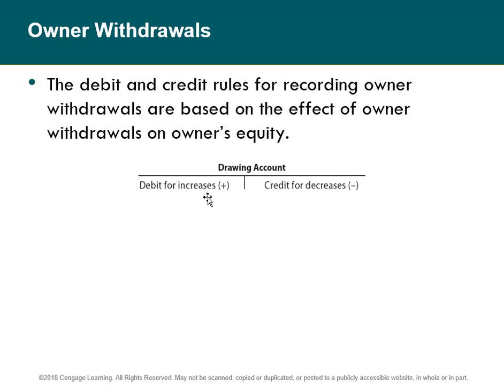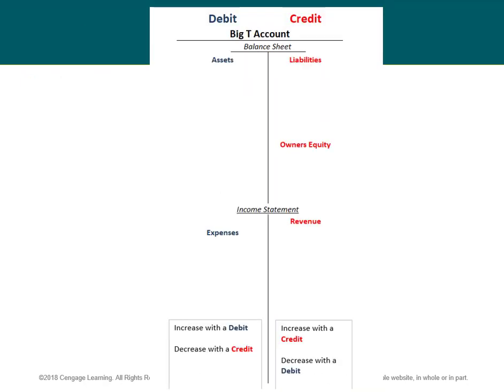It's considered a contra equity account because it holds the opposite balance of the account that it's associated with. So a drawing account is connected to the capital account, and to increase it, we debit it, even though it's over on the capital side. But we're increasing a negative account. That's the way to look at it.